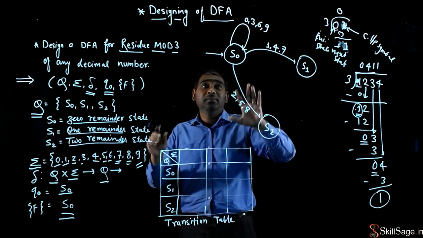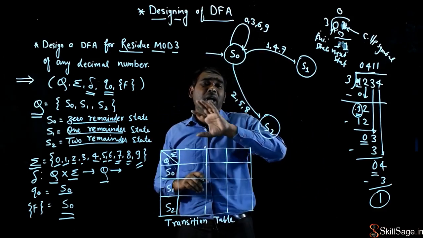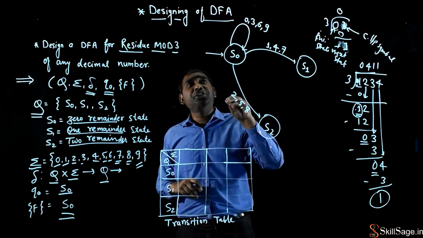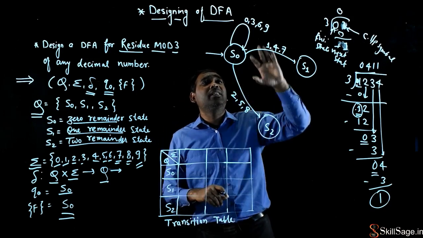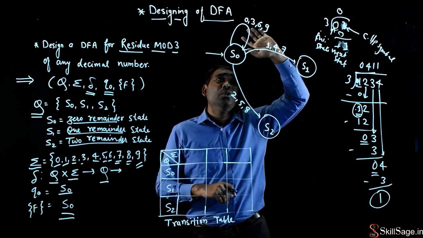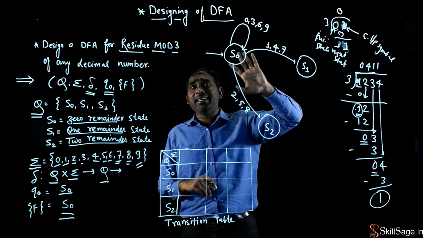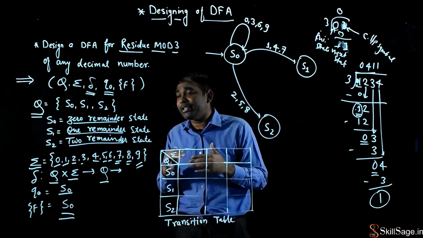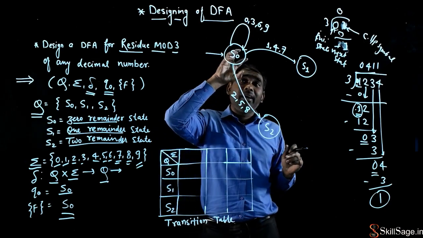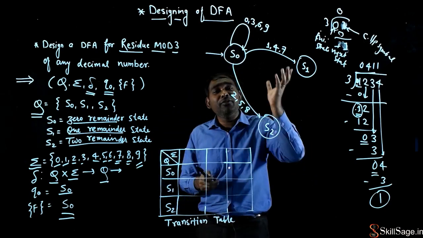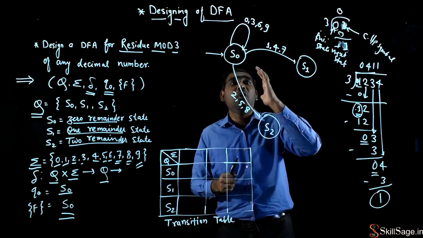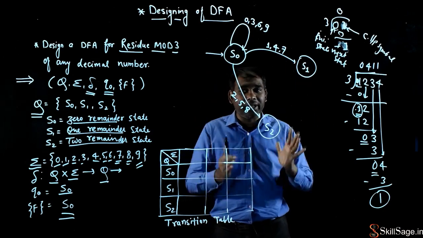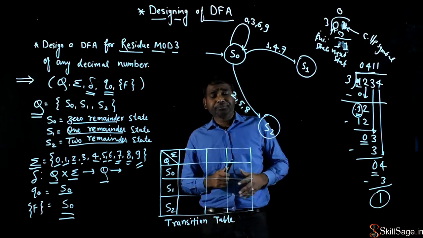So from S0, I have found the transition on every input symbol, starting from 0, 1, 2, 3, 4, 5, 6, 7, 8 and 9. These are all the possibilities I have considered, if I am at S0 and any of the numbers occurs first, what my next state will be.